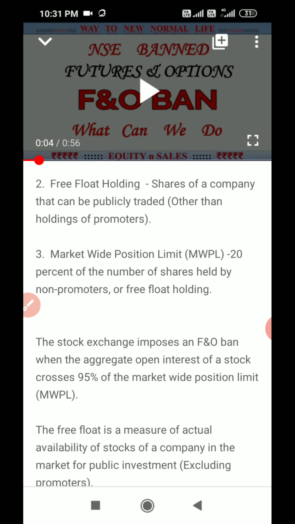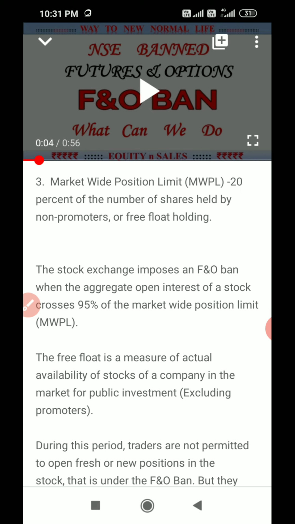Now I will explain what is really happening, why NSE has banned futures and options. Because the exchange will allow only up to 20% of free floating holding to trade in the derivative market. Futures and options are purely derivative products. So the market will allow only up to 20% of free floating holding to take a position.